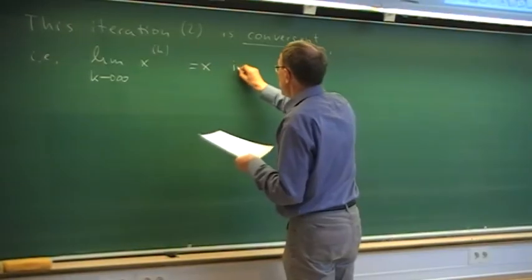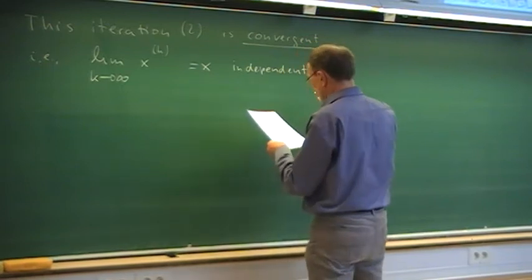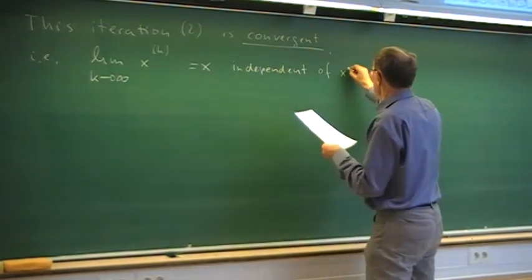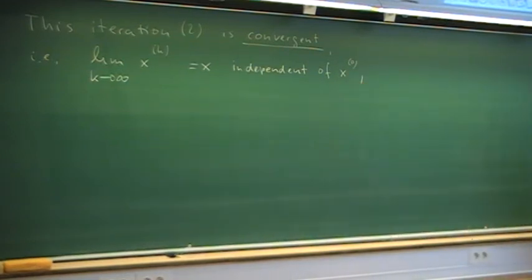And that should be independent of the initial, of the starting vector. So that is what we call convergence, iterative convergence.